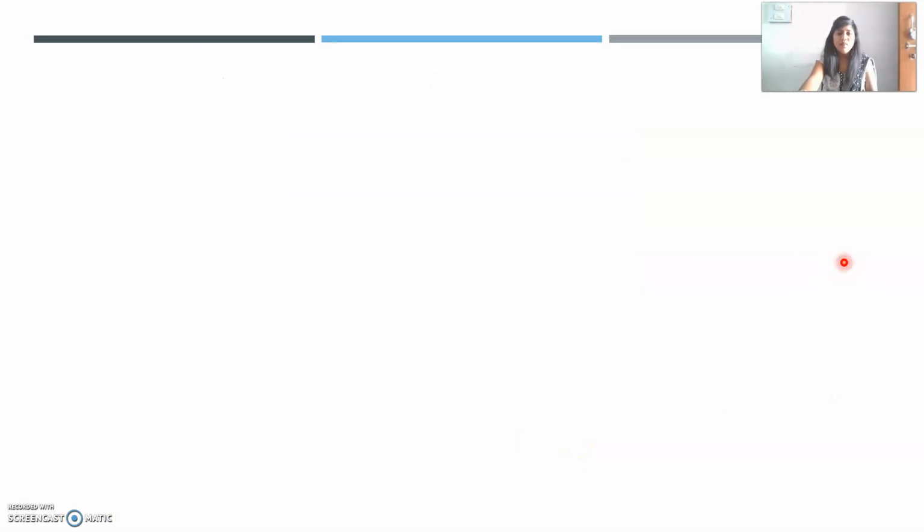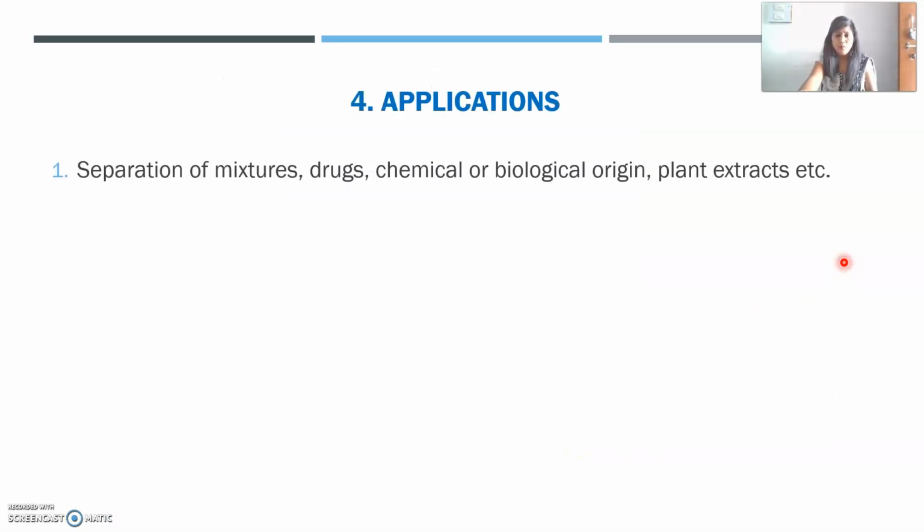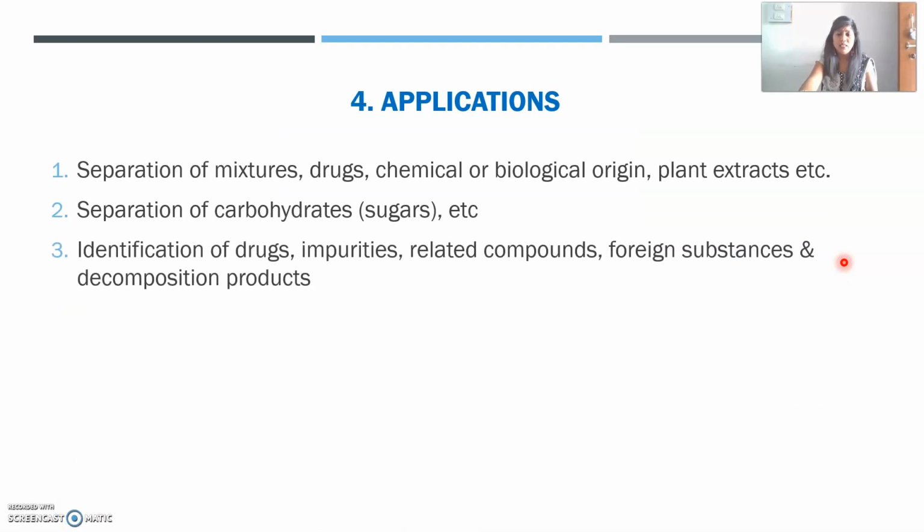Next point is the applications of the paper chromatographic technique. Now see, the paper chromatographic technique is very useful for the separation of mixtures, drugs, chemicals of biological origin, or any plant extract can be easily analyzed by utilizing the paper chromatographic technique.